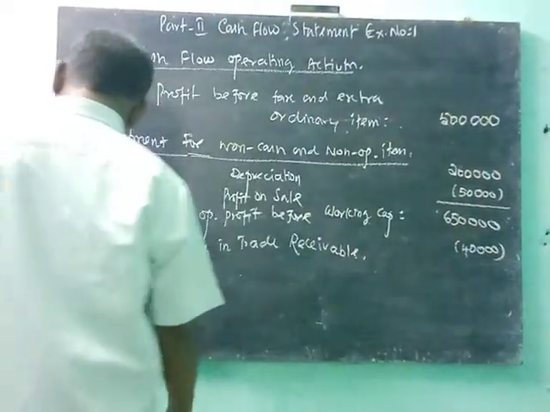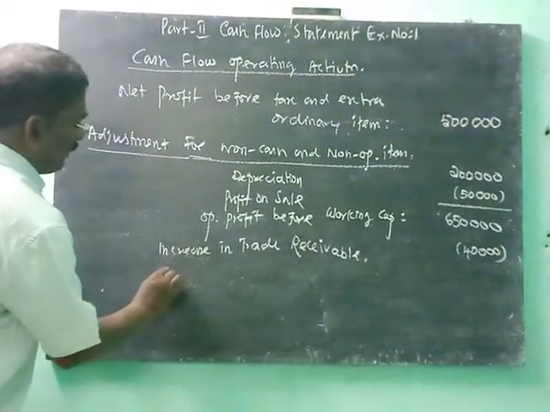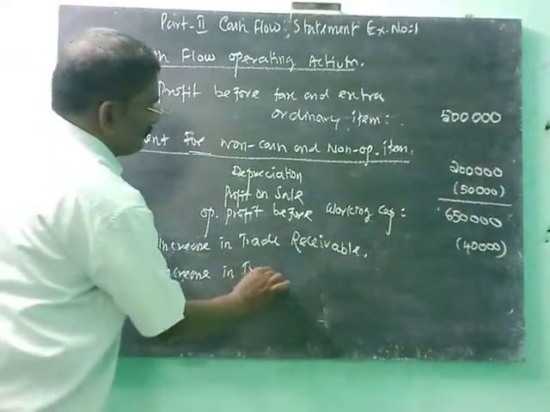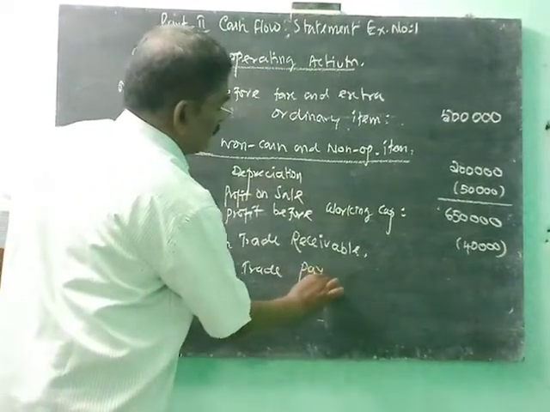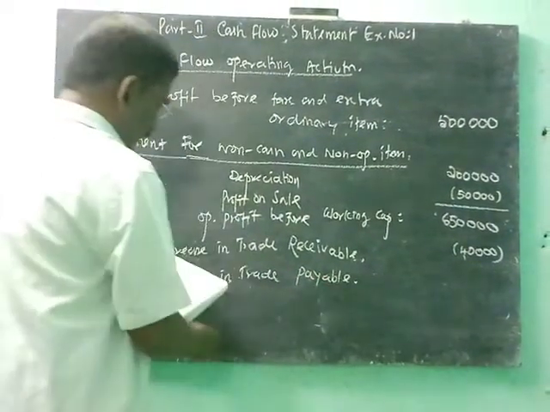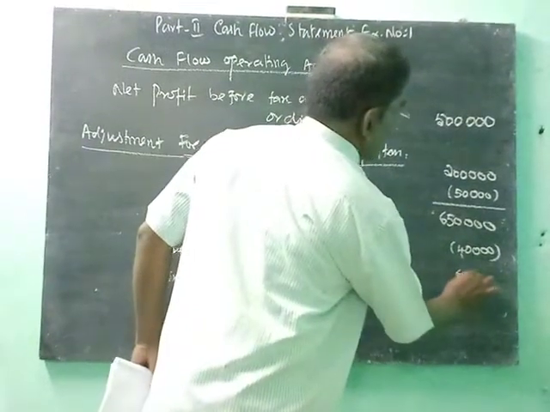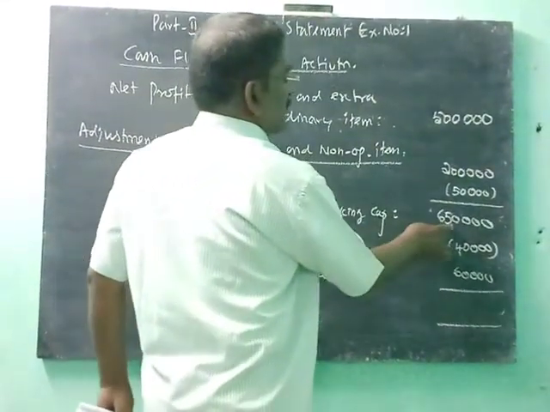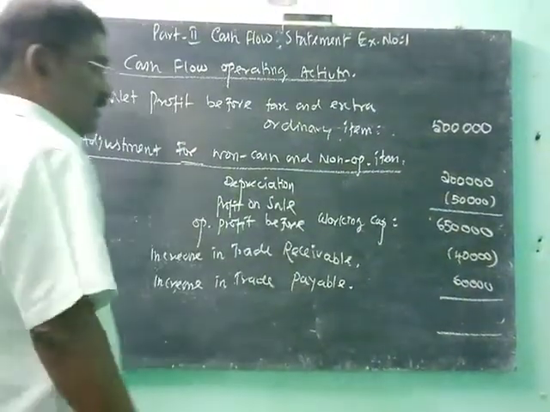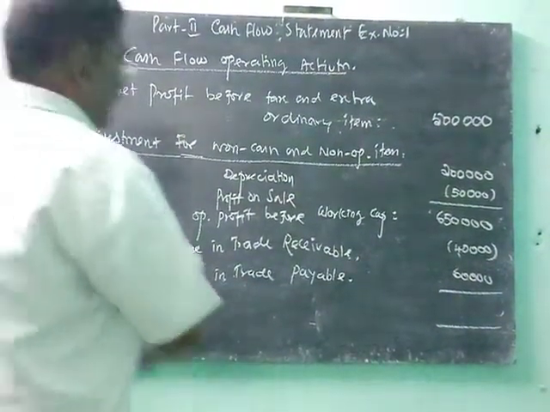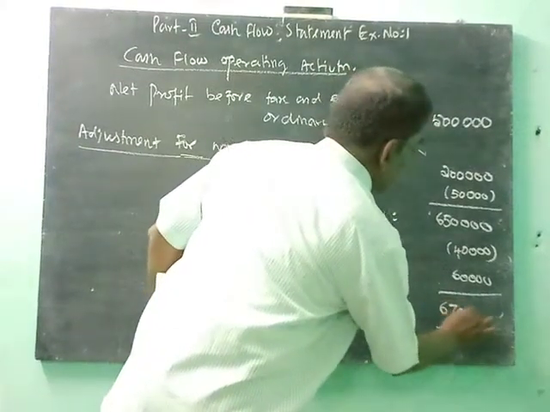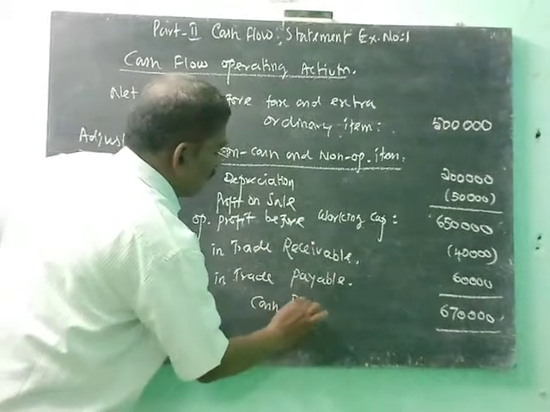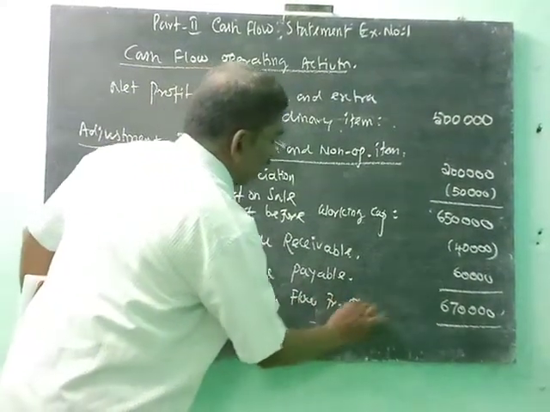Meanwhile, increase in trade payable, so you add. So 6,50,000 plus 60,000 is 7,10,000, minus 40,000, 6,70,000. This is cash flow from operating activity.